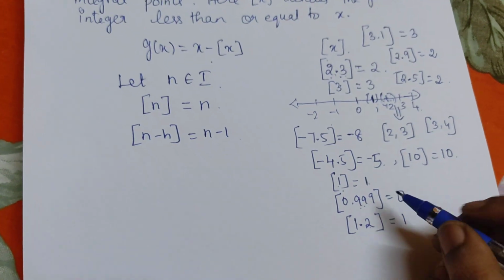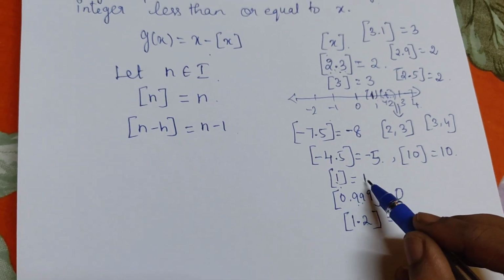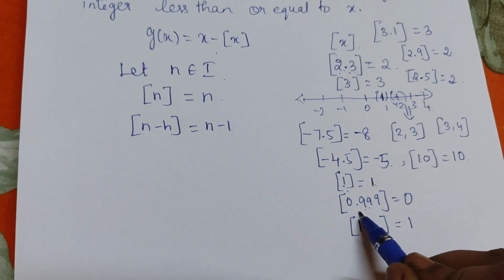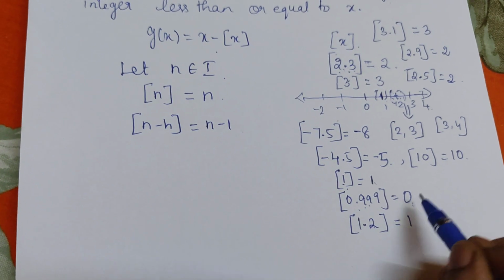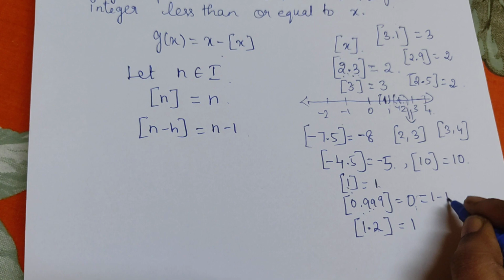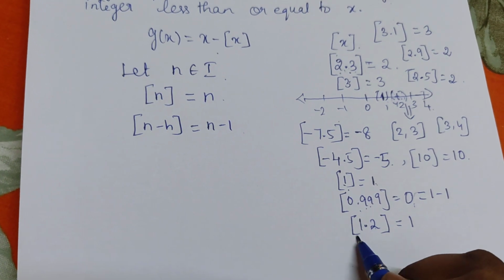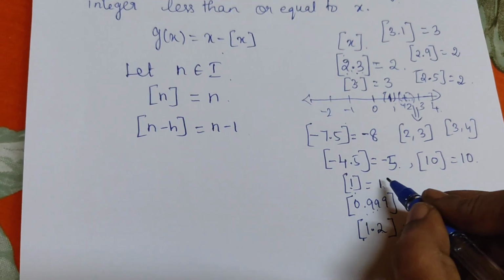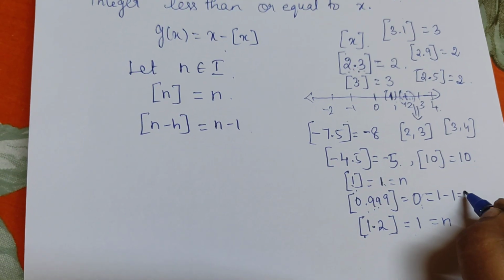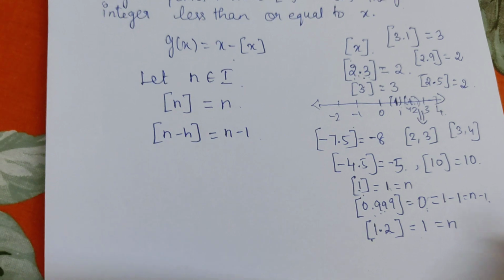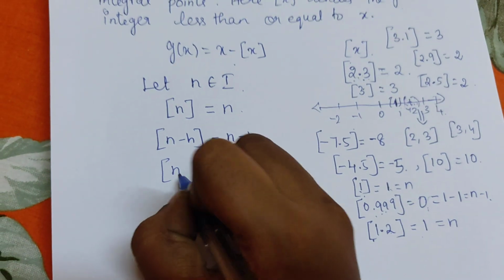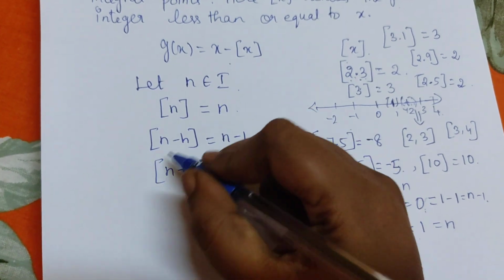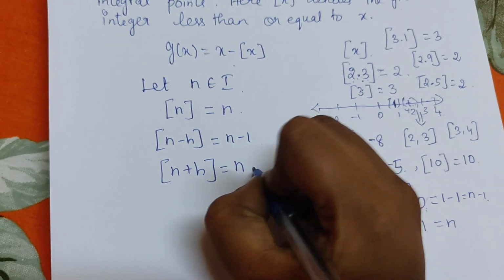Just now I explained, when we take 1, we get the box value as 1, and in the left hand neighborhood of 1, we get 0, which is nothing but 1 minus 1. And in the right hand neighborhood of n, we will get the value of the function as n.